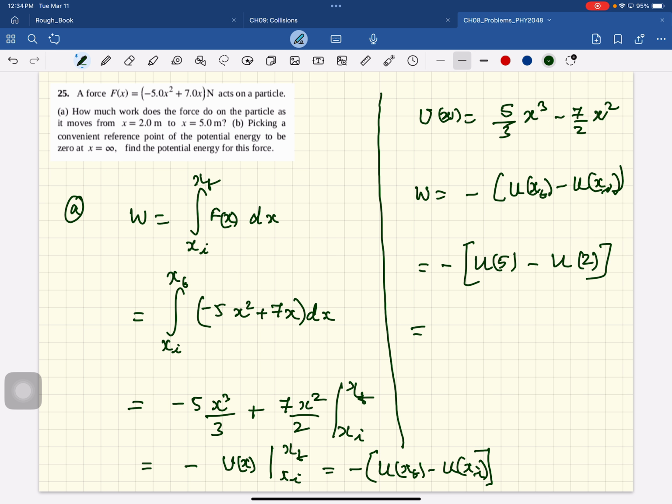So U(5) is 5/3 times 5 cubed minus 7/2 times 5 squared, minus 5/3 times 2 cubed minus 7/2 times 2 squared.